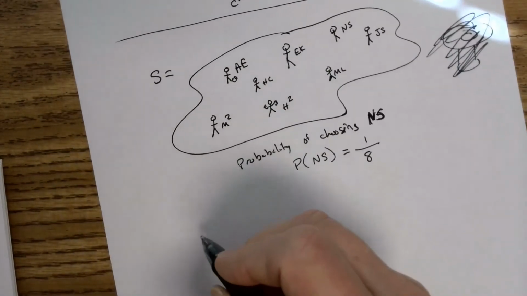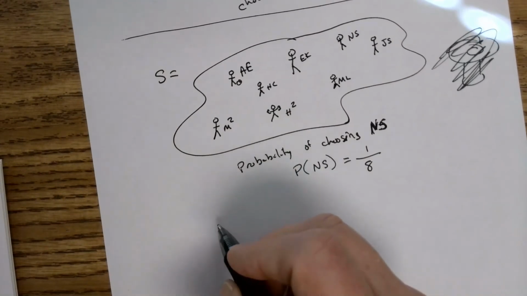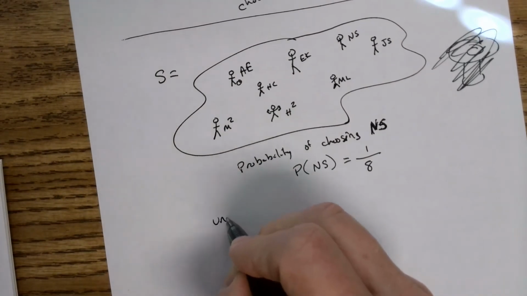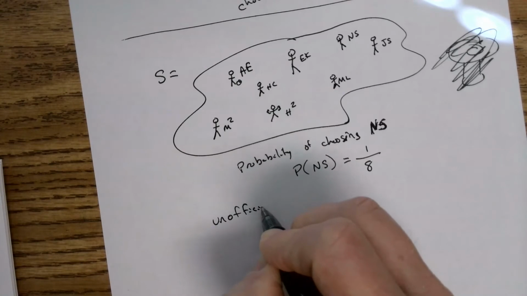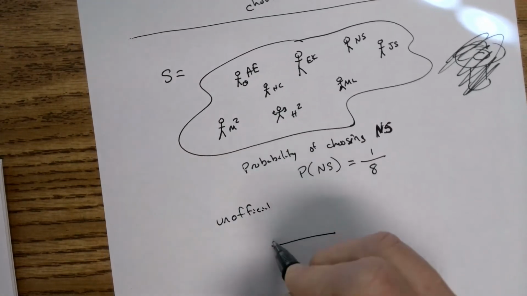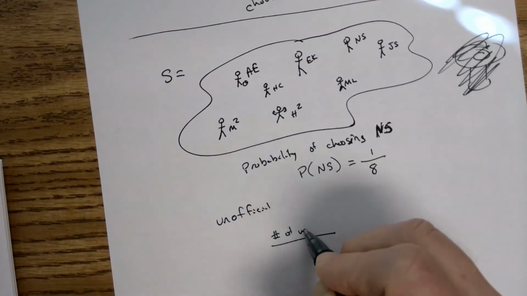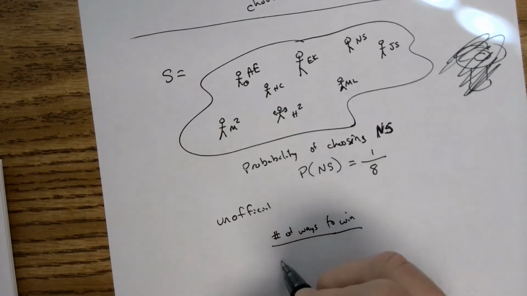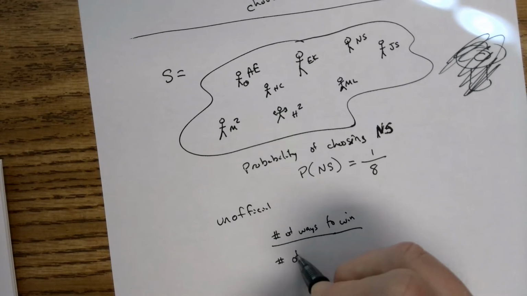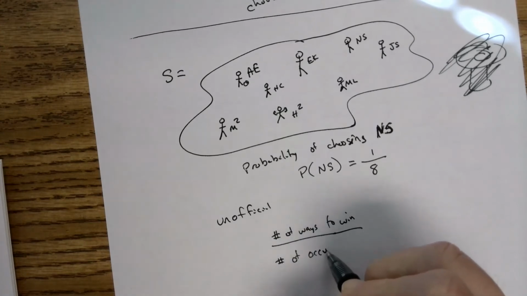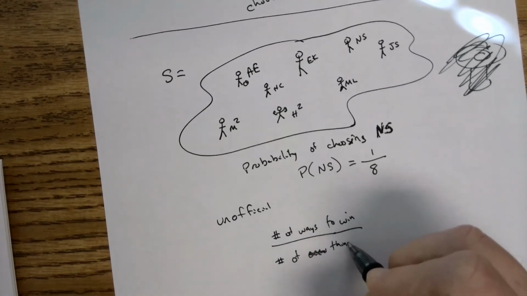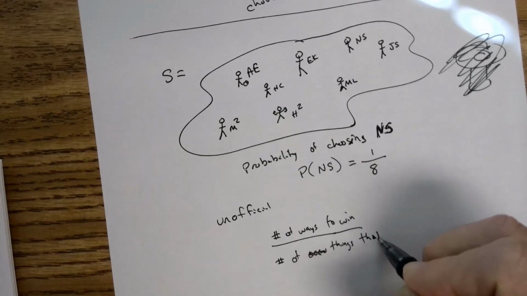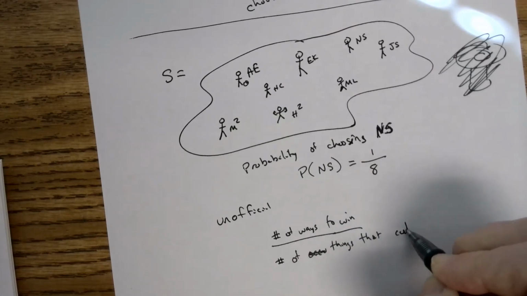So probability comes basically down to this. Here's my unofficial definition of probability: the number of ways to win divided by the number of occurrences, or the number of things that could happen.